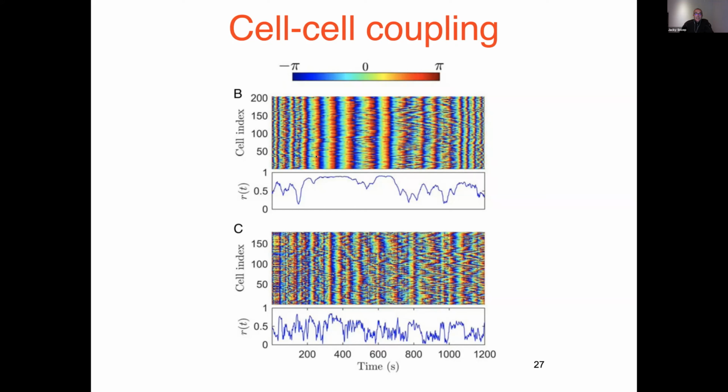What you see under this signal is that the order parameter is close to 1, so it looks like a fairly synchronous response of the cells. And if you work in this case at a higher cyanide concentration, you see that the order parameter becomes much smaller, and it doesn't stay for prolonged periods close to 1.